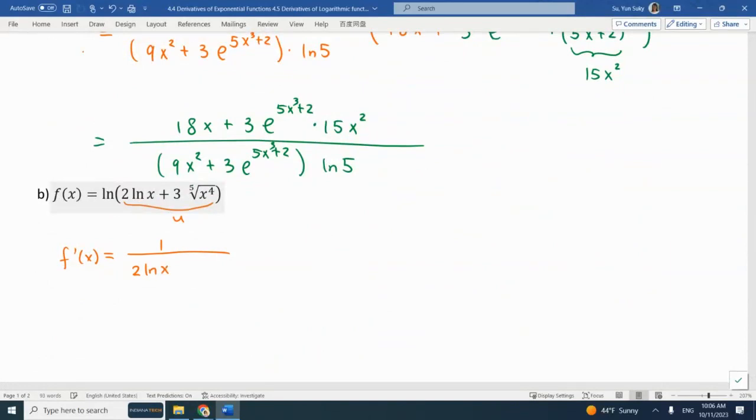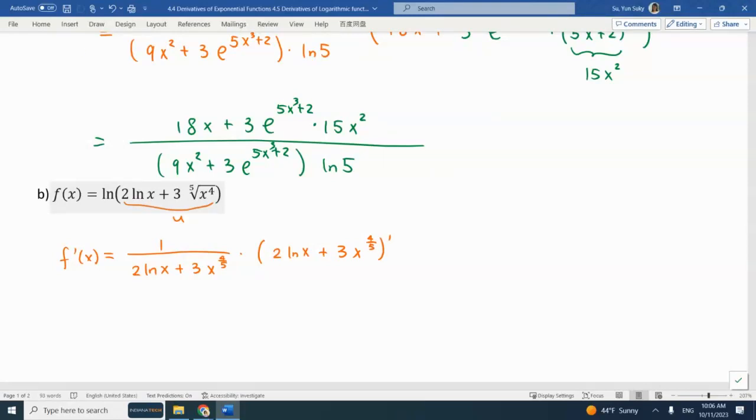So 2 ln x plus 3, and this is x to what power? 4/5. Yes. So 1 over u times u prime.